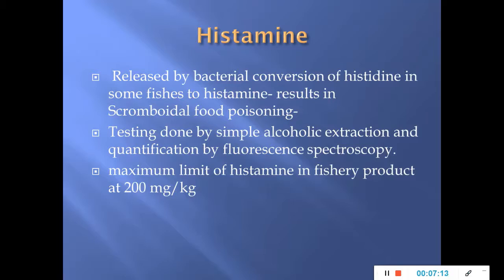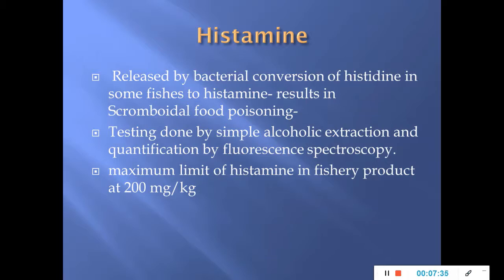Now, histamine is also an allergen which is released by the bacterial conversion of histidine in some fishes to histamine, resulting in scombroid food poisoning. Testing is mainly done by simple alcoholic extraction and quantification by fluorescence spectroscopy. I just added this slide for your reference because you might think, where does histamine come from?